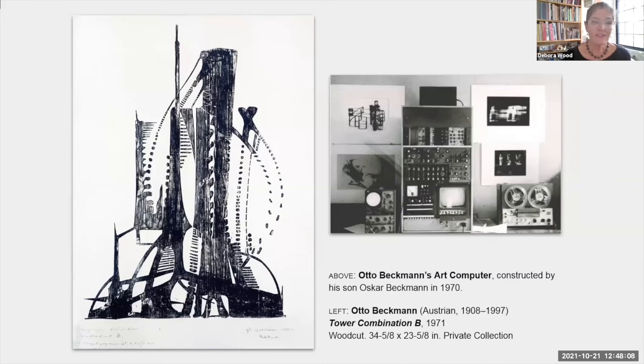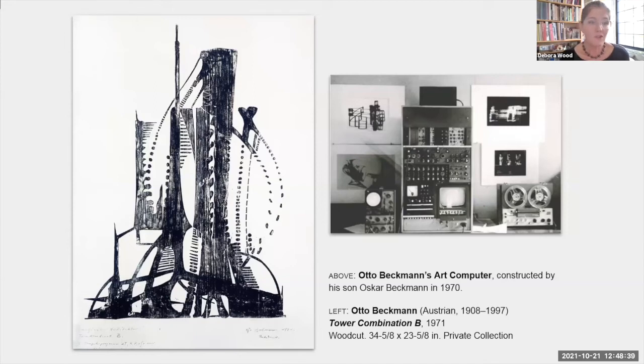On the right, you see Beckmann's studio computer, which was built by his son, Oscar, specifically designed with his father's interests in mind. Beckmann generated dynamic forms in real time, and similar to Lapinski and Franke, Beckmann photographed the flickering light displayed on the screen. On the wall in the background, you can see some of his photographs and lithographs.